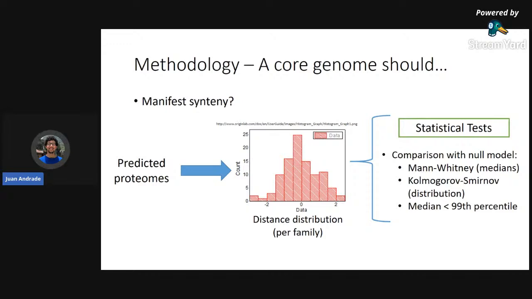So what we did was that at the family level, we generated null distributions of genome distances between the genes. And we compared that null distribution generated through randomization to the observed distribution of gene dispositions in the real Herpesvirales data. We compare basically the median and the distribution of these two distributions, the randomized one and the real one.